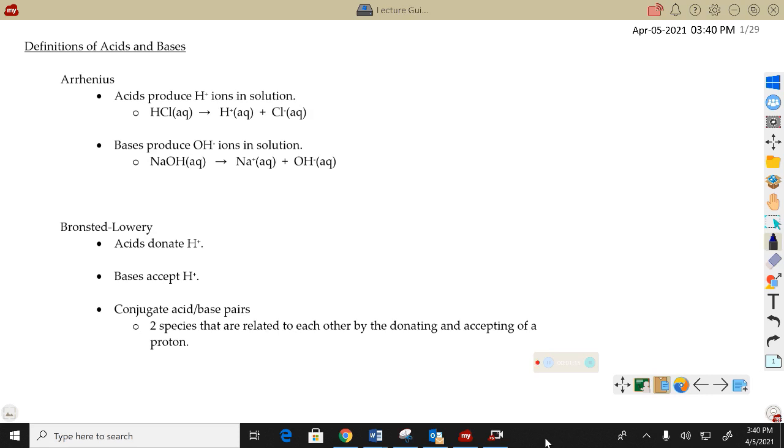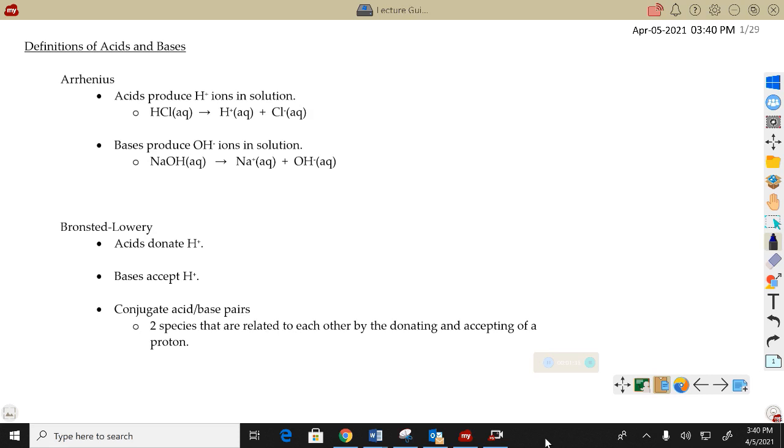A more sophisticated way of looking at acids and bases is with something called the Bronsted-Lowry definition that says acids donate hydrogen and bases accept hydrogen. So you've got a hydrogen donor and a hydrogen acceptor.